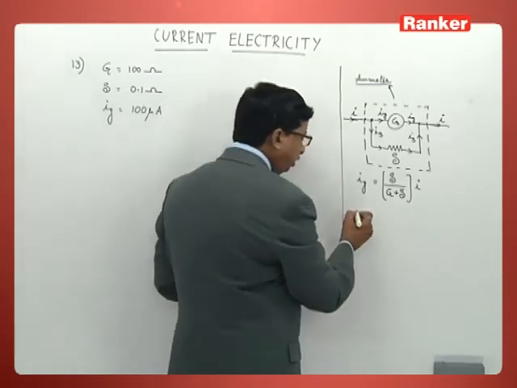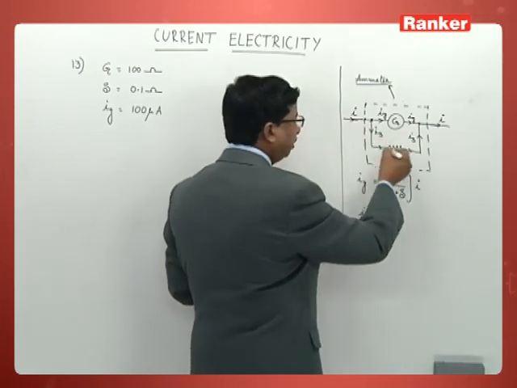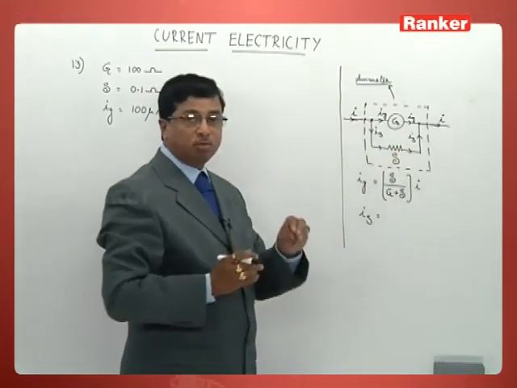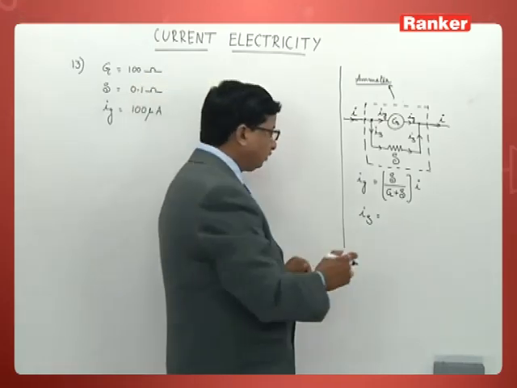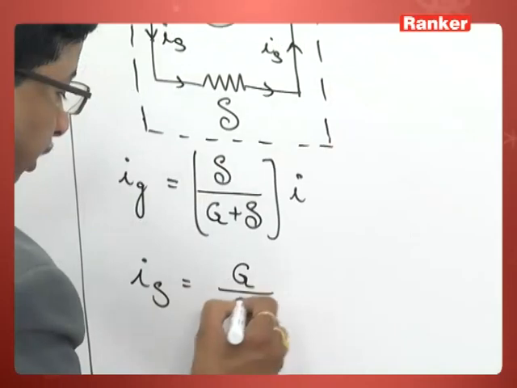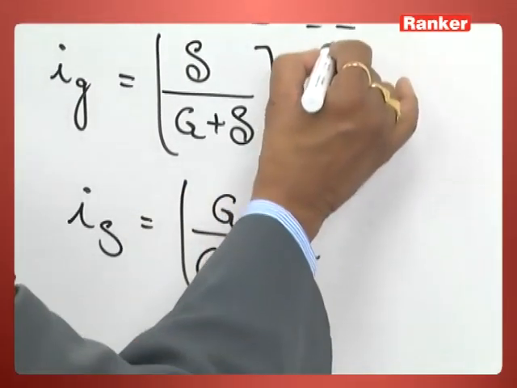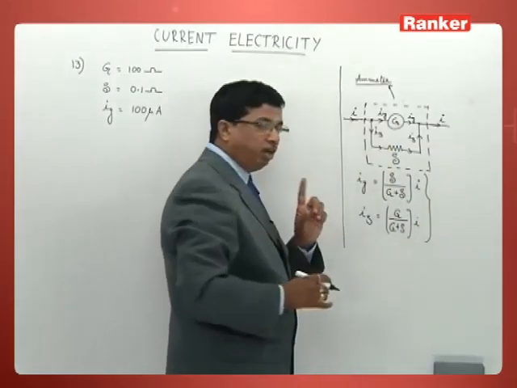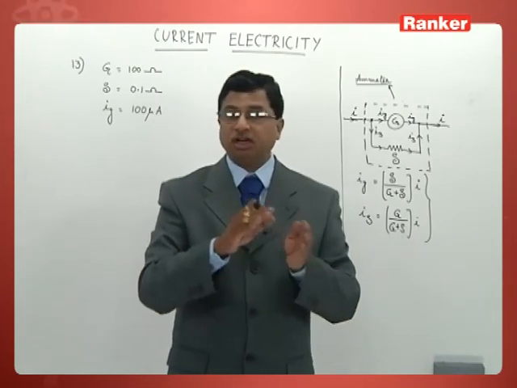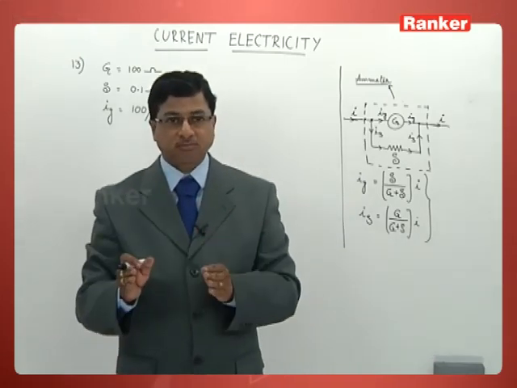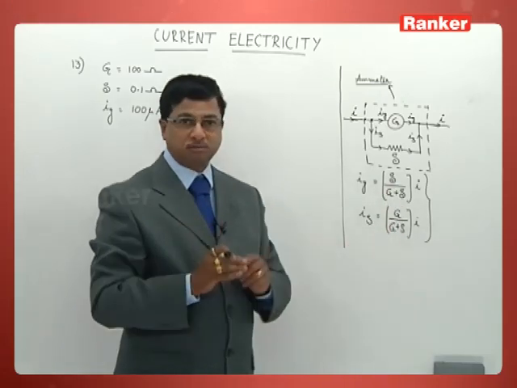In exactly the same manner, you can write the part of current passing through the shunt. That Is can be written as G/(G+S) × I. So, whenever a moving coil galvanometer is converted into an ammeter, these are the two formulae which you have to remember.